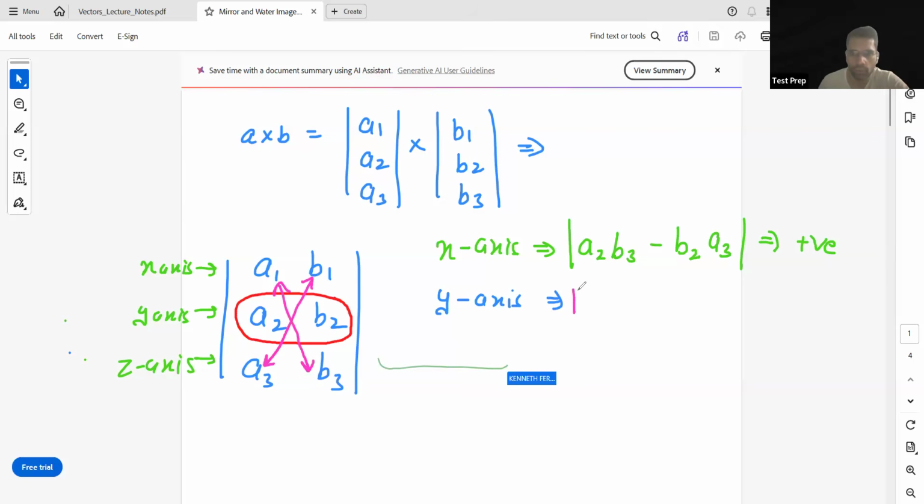So mod of A1 into B3 minus B1 A3. Mod is given, so we will get the value in positive. Clear?